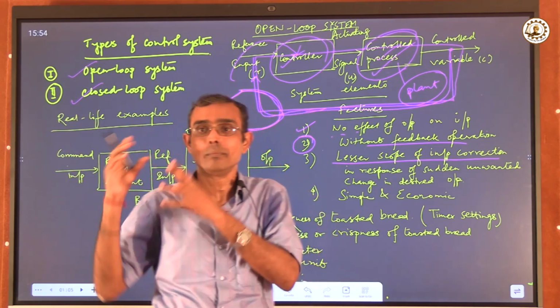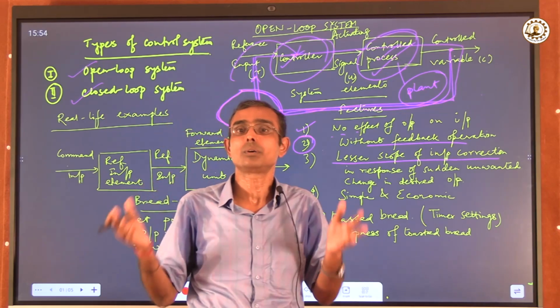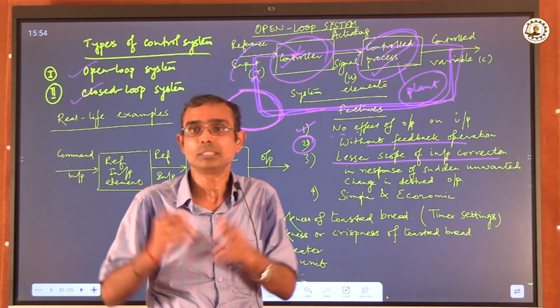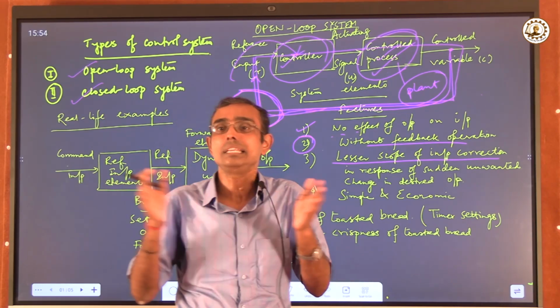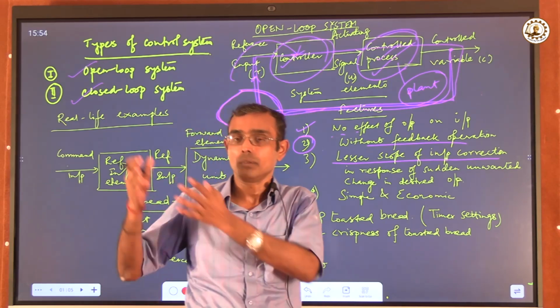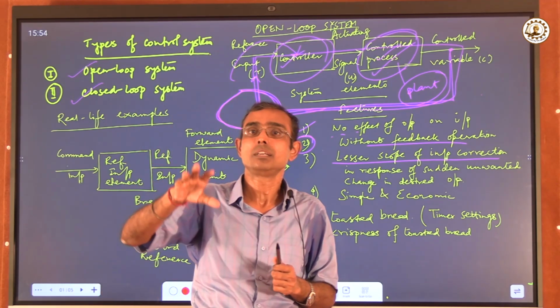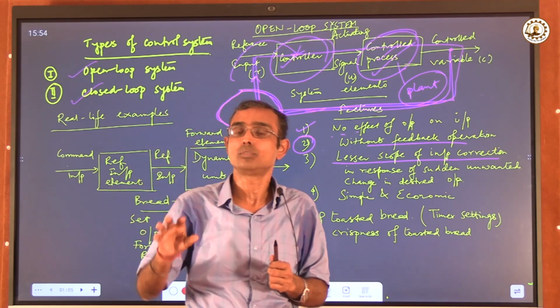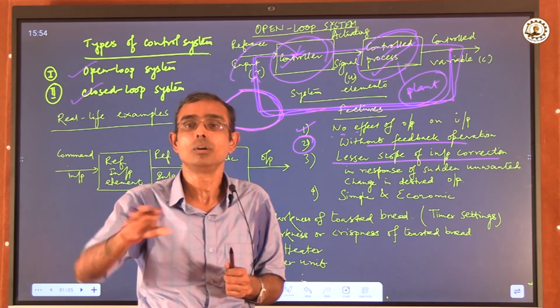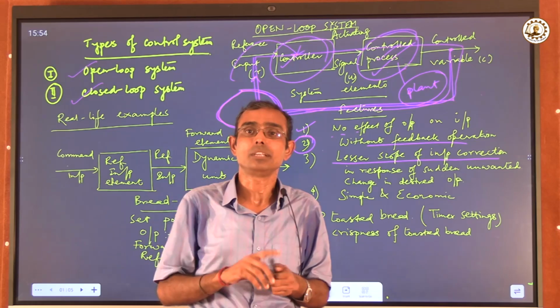So irrespective of how many cars or buses or other vehicles are moving, the varying rates of traffic are not accounted for when the timer is set for that particular junction to control the traffic flow in that particular direction.